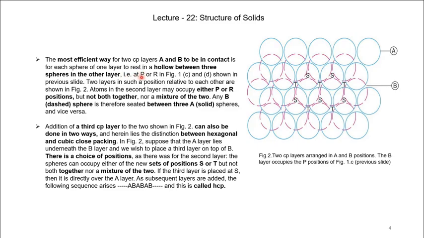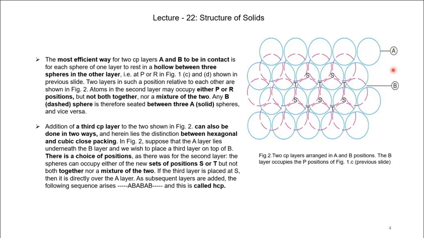We mentioned in the earlier slide the P hollow or R. So if we have a close packing arrangement, let's say these green spheres, and then we take either P or R, that is a void, and place another sphere in it, then we have an arrangement like A and B.